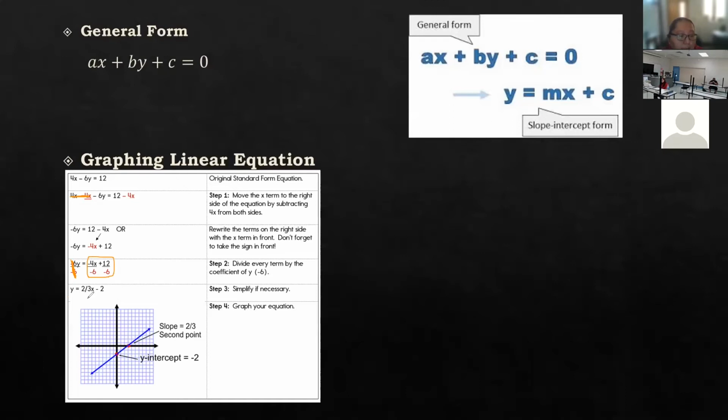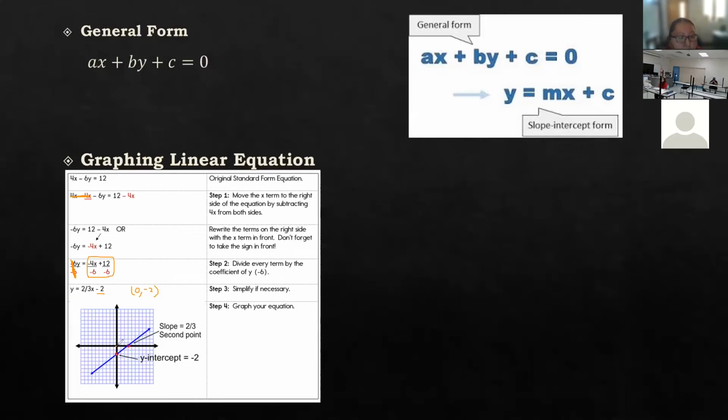And then they graphed it afterwards. They started with the intercept, and since it's the y-intercept b, there is no x involved. It's a negative 2, so this is our point right here. The next thing they did was the rise over run. The rise is a positive 2, so you go 1, 2.